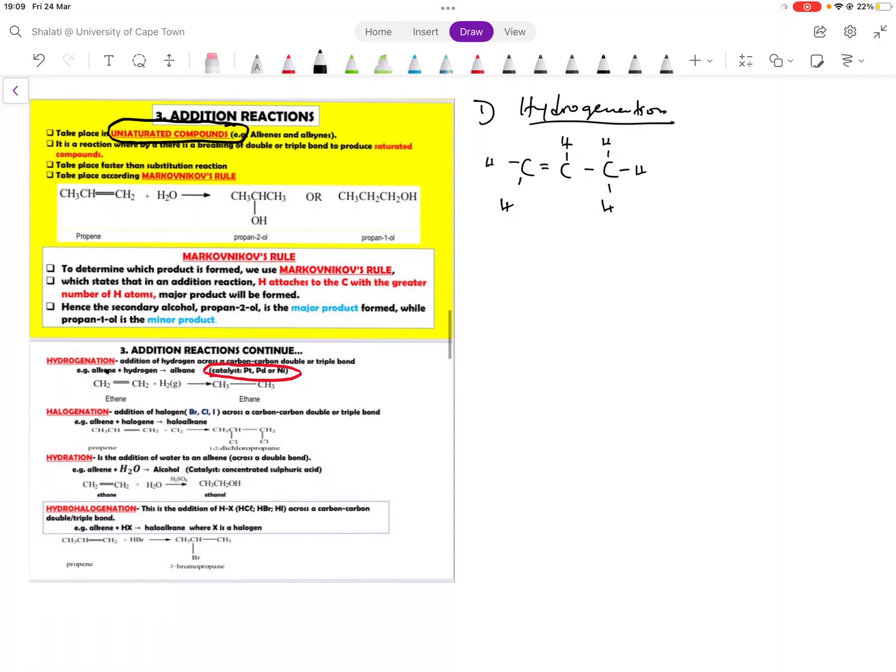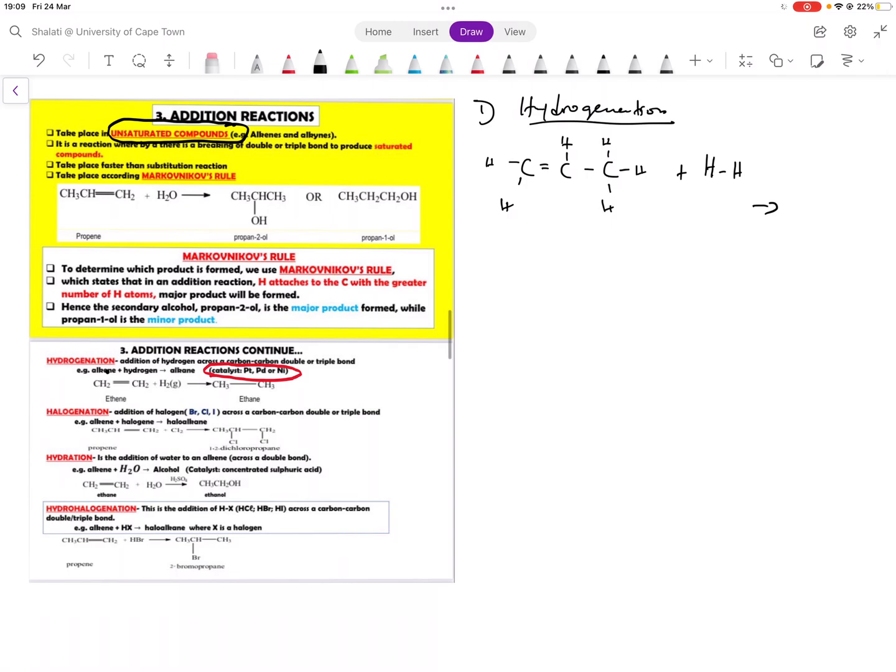Make sure the carbons are only surrounded by 4 bonds. Then hydrogenation means I'm going to add hydrogens. Again, hydrogen is a diatomic element, so it must exist as H2. That's why it must always be like that. For the sake of showing the bonds, I'm going to show a hydrogen bonded to another hydrogen.